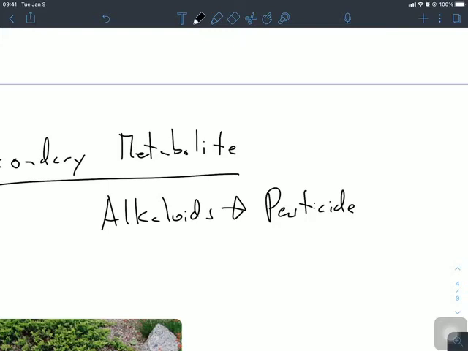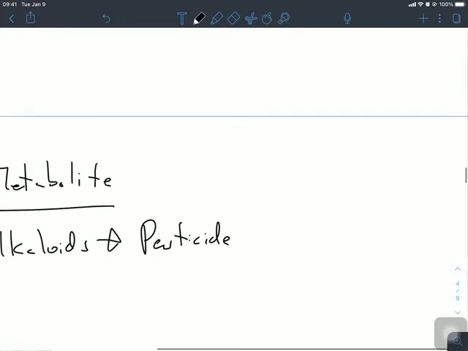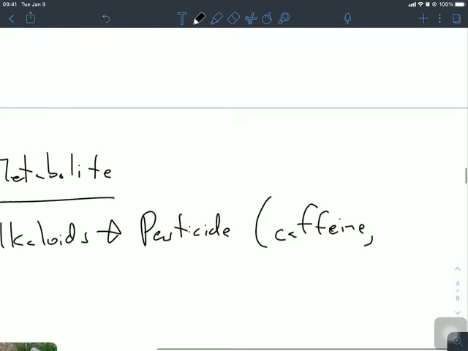These secondary metabolites, these alkaloids, help a plant defend itself as it's being eaten. They attack the herbivore that's eating the plant. Two very well recognized alkaloid pesticides are caffeine and ephedrine.